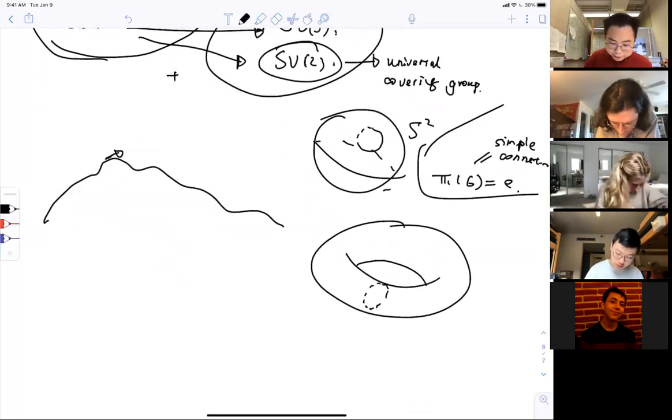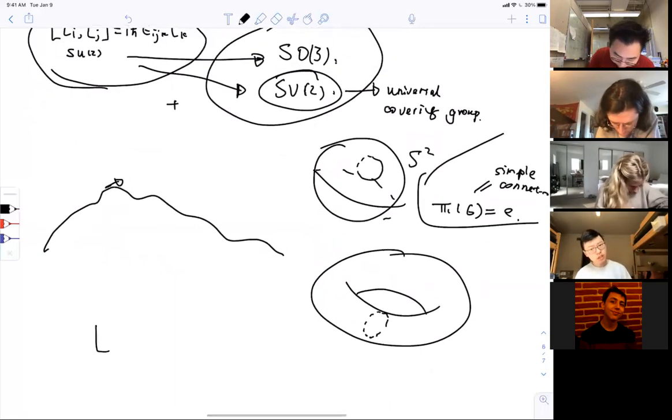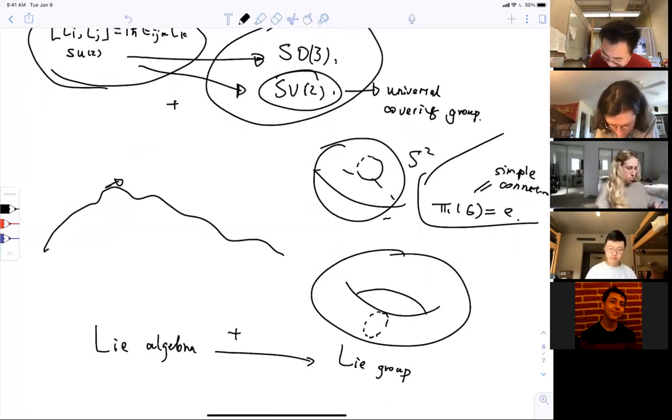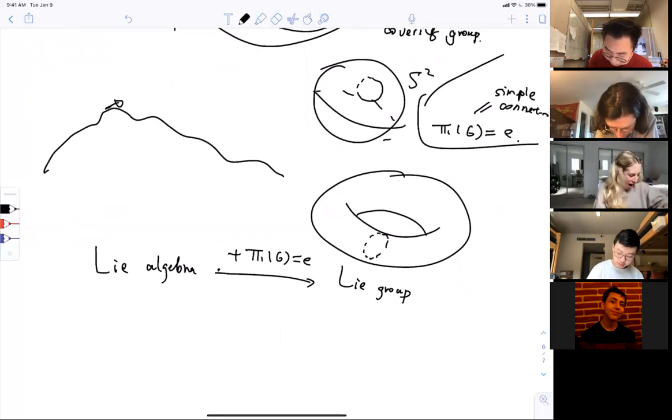Okay, so from Lie algebra to Lie group, if we add a constraint saying that this Lie group is simply connected, then there's a one-to-one correspondence.